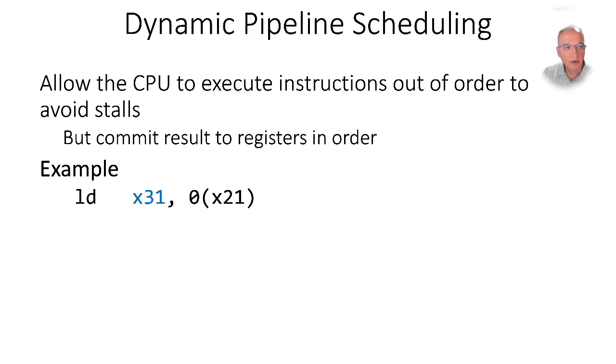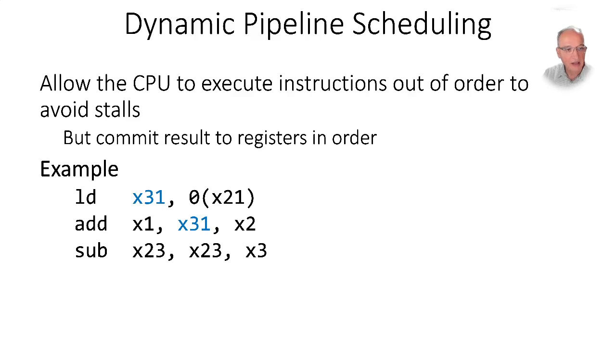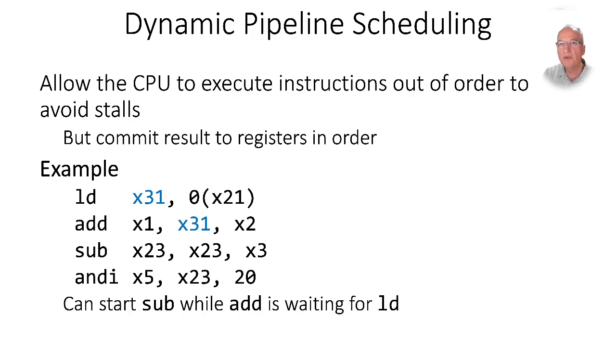So, for example, if I have a load that writes to register 31, and then I have an add that uses the value of 31, followed by a sub and an AND, I can start the sub while the add is waiting for the load. Remember that the add will not be able to proceed because the load takes time to bring the data from the memory.